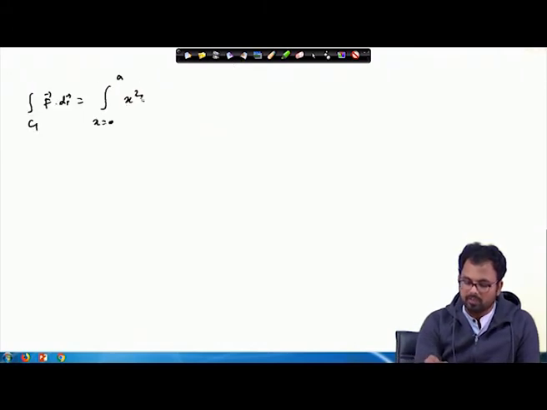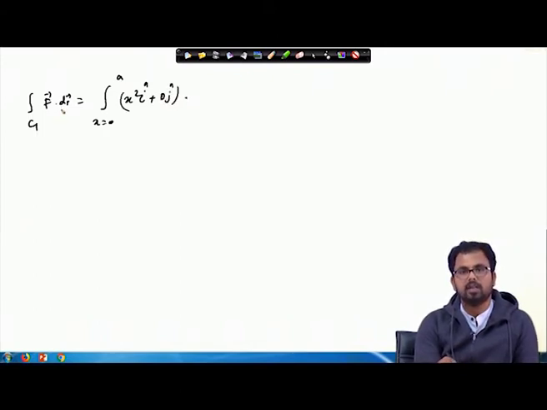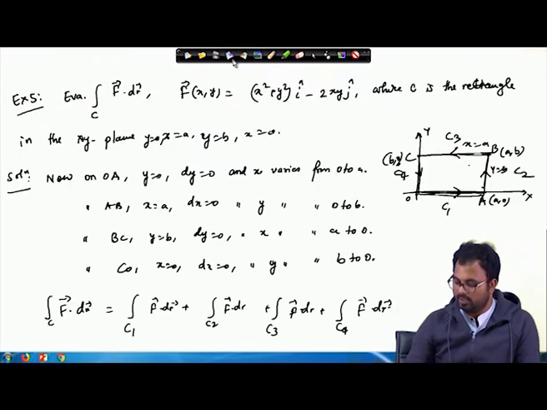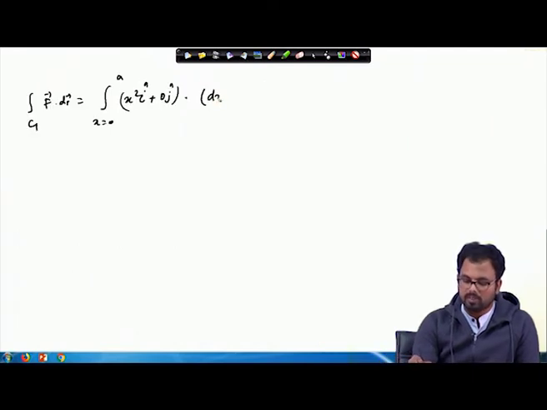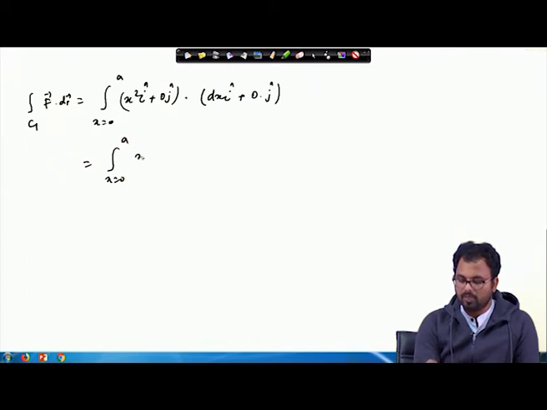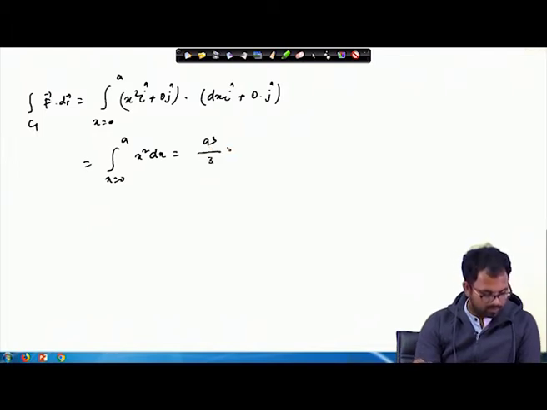So we basically have x square i plus 0 times j, and dr can be written as dx i plus dy j. Since dy is 0, we are left with dx i plus 0 j. Taking the dot product, this is the integral of x square dx with x running from 0 to a, which is a cube by 3.